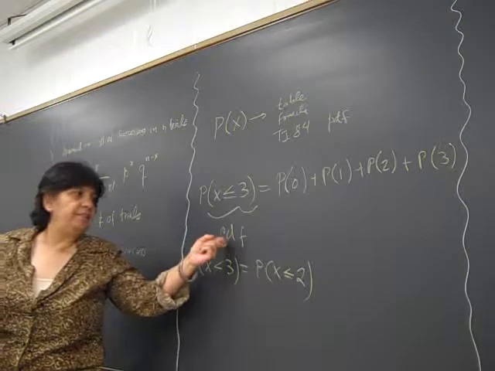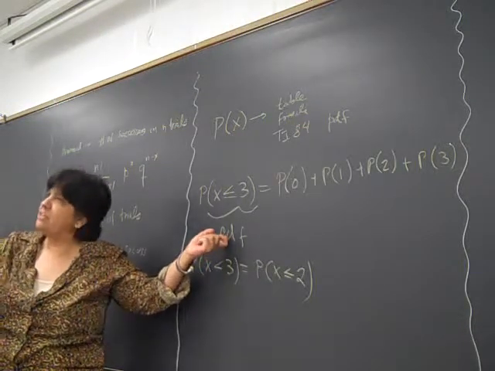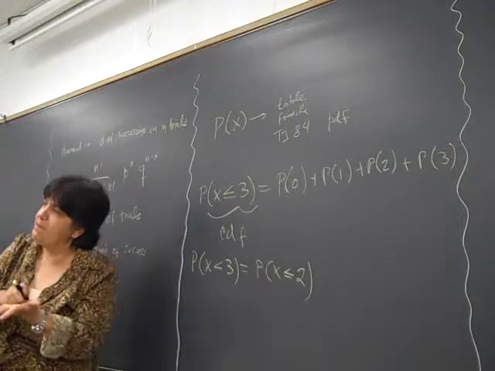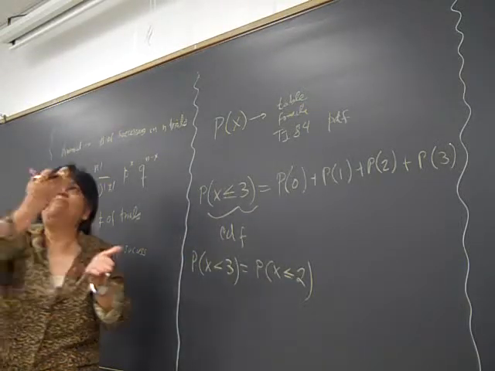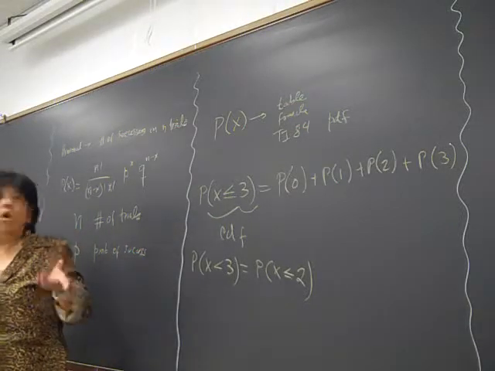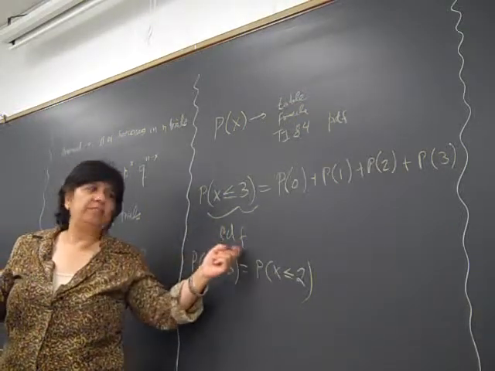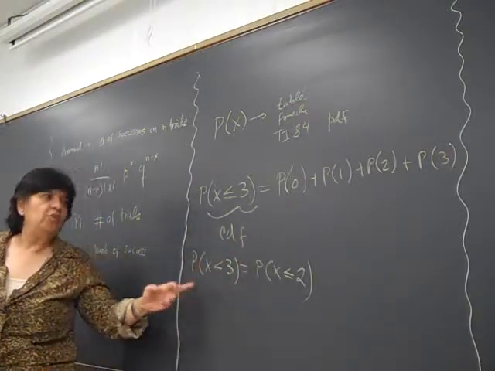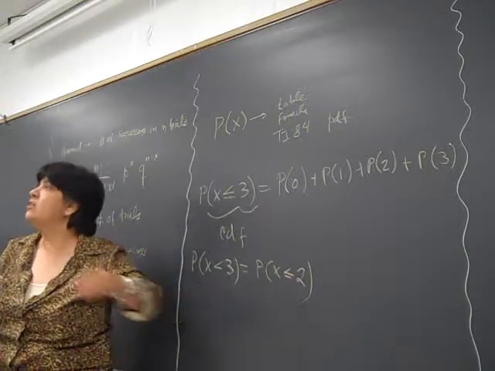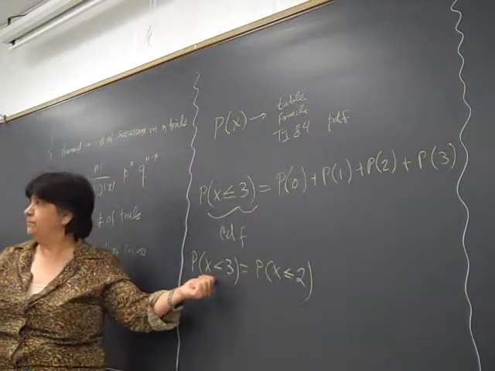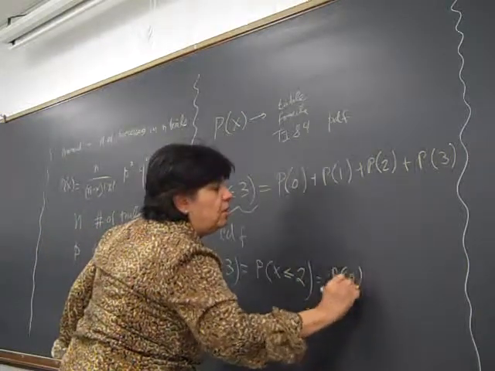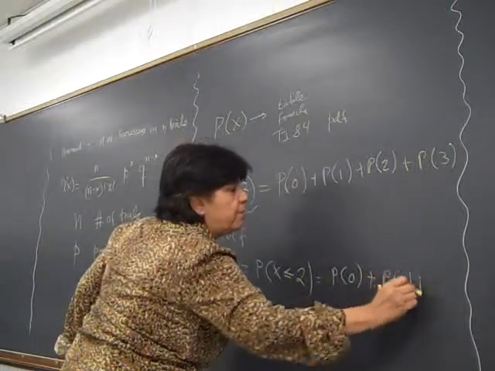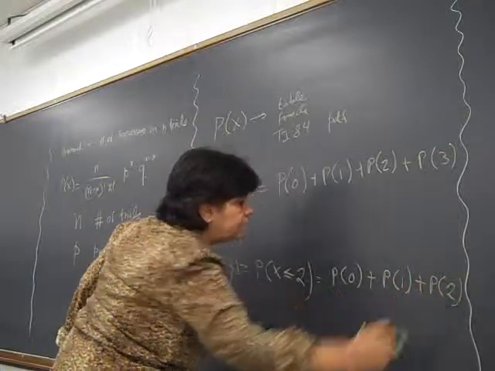And remember, the cumulative distribution function in your TI-84 gives you the probabilities below and including that particular number. So in this case, you have to enter in your calculator the 2, not the 3. Okay? Because this is equal to the probability of 0 plus the probability of 1 plus the probability of 2.